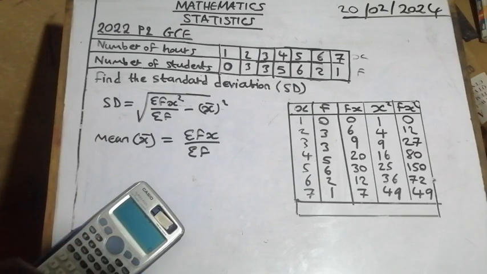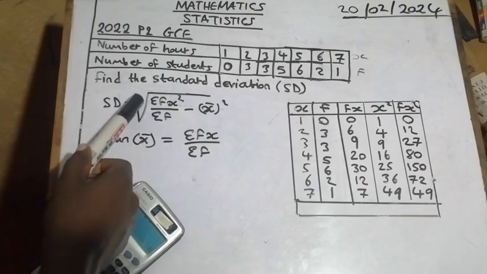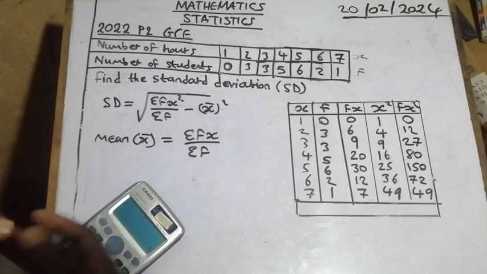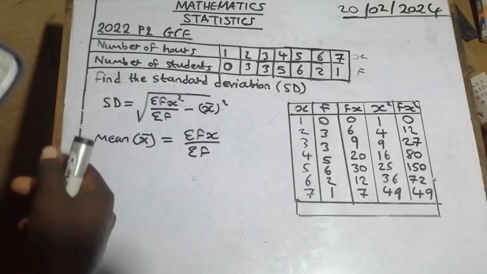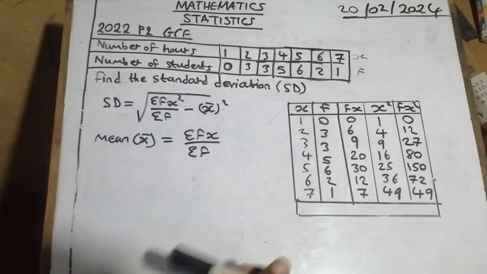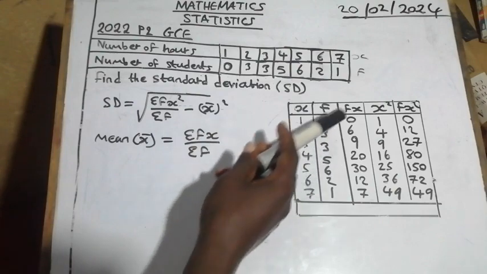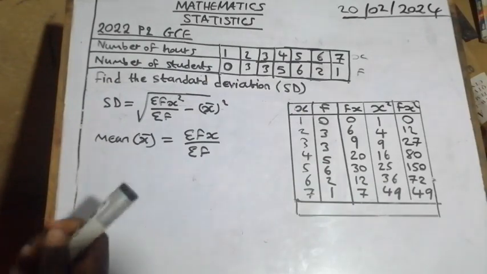So now from there, this is the symbol for sigma. Sigma means add, or total addition. So we have to add the columns now, like the column for frequency, the column for fx, and even the column for fx squared.